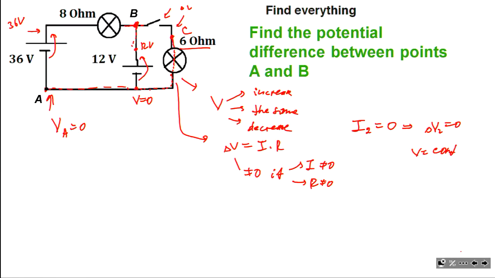There is no change. So electric potential here at point C is still zero. Potential difference between points B and C will be equal to 12 minus 0, 12. But we don't care about that.